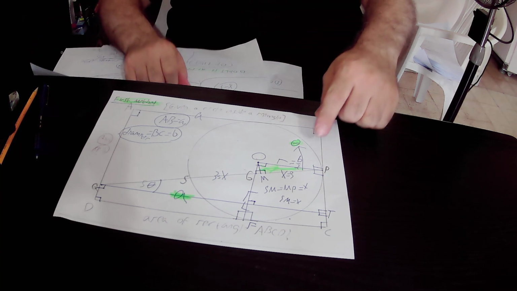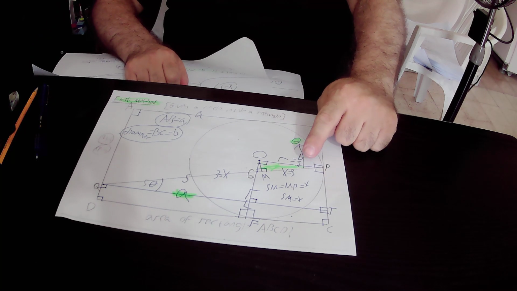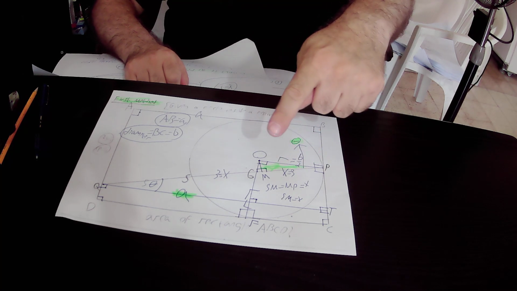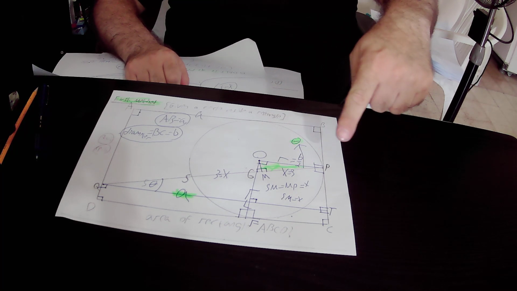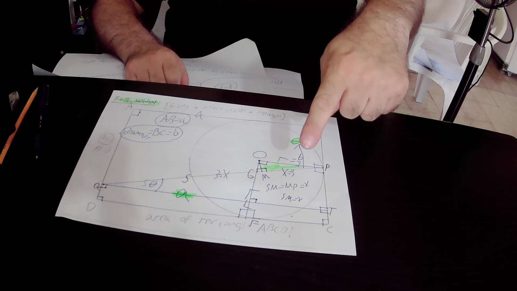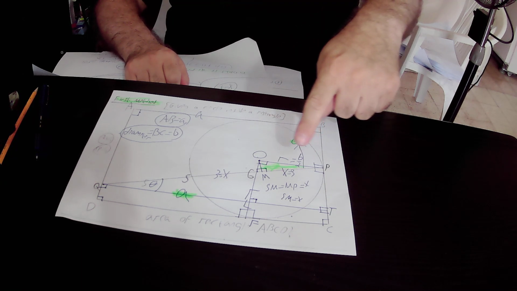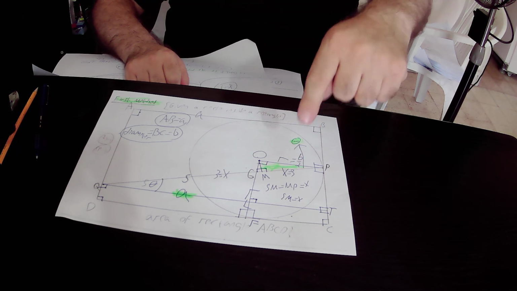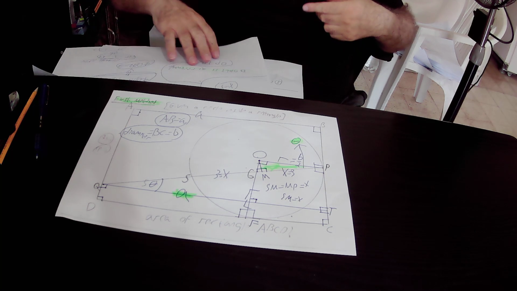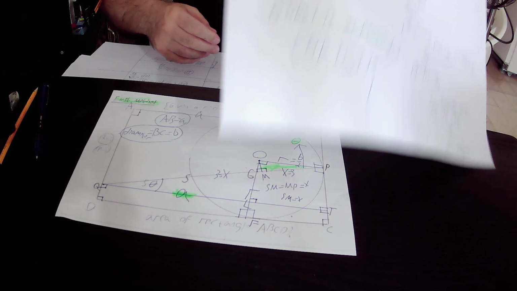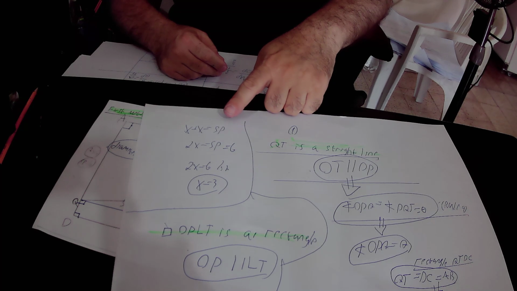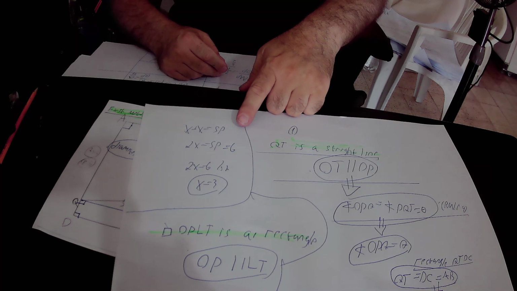So if MP equals X, then since SM equals MP, we derive that SM is also equal to X. So SM equals X and MP equals X, therefore X plus X equals SP, so 2X equals SP, but SP equals 6 units according to what is given.